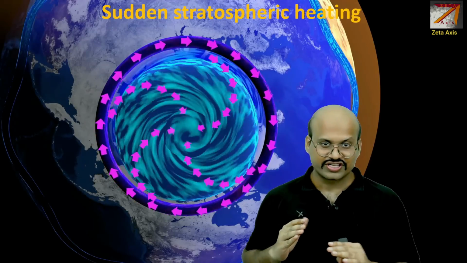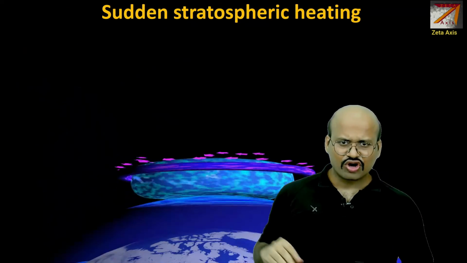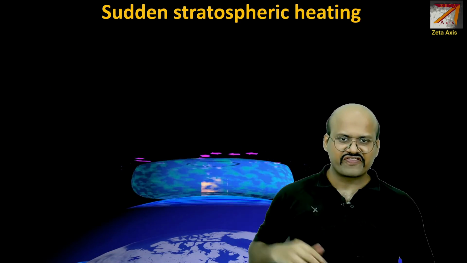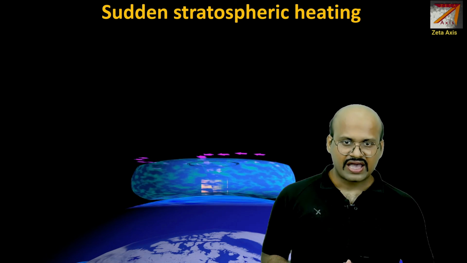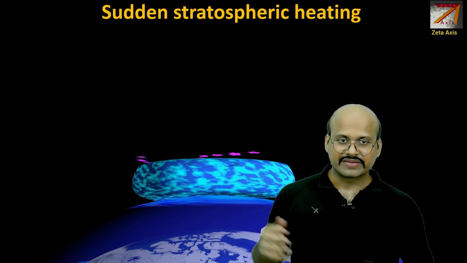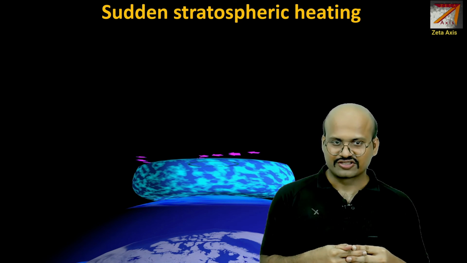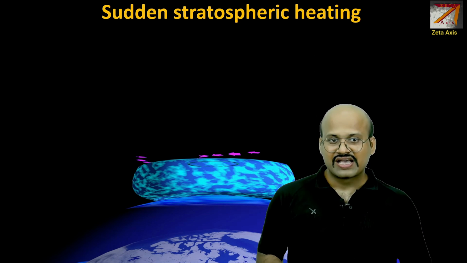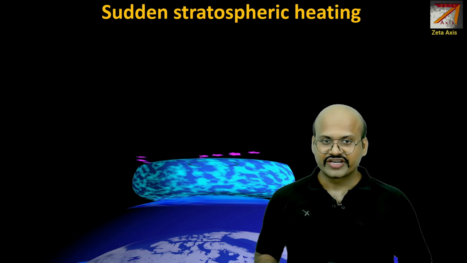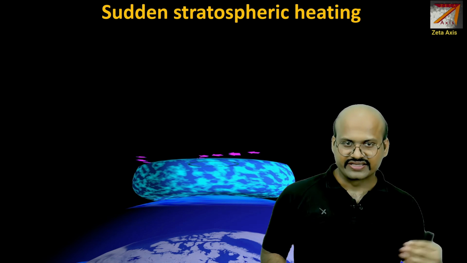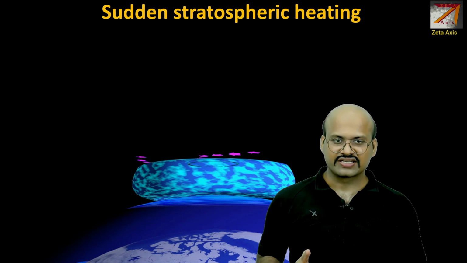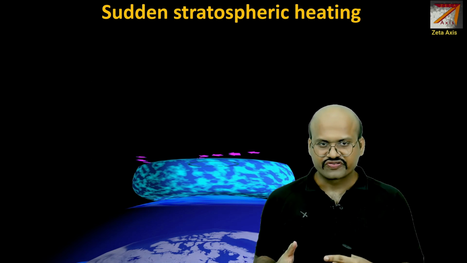Remember, this event occurs in the stratosphere. Because this air is descending at a very high velocity, the temperature increases. This increase can be as much as 52 degrees Celsius, which means that if the temperature is -20, it could increase as high as 30 degrees Celsius. So a significant increase in temperature occurs in the stratospheric air.